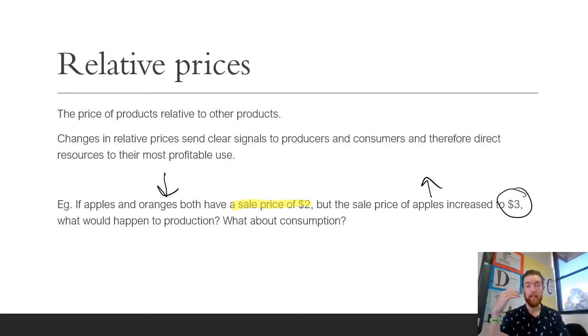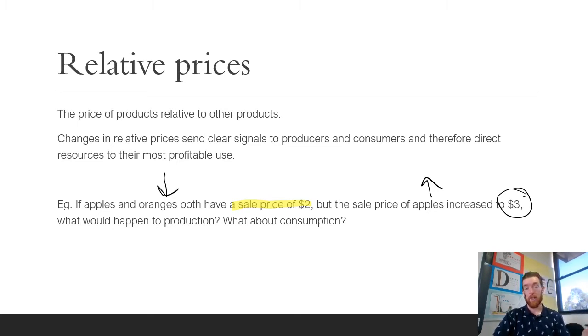So apples are relatively more profitable in comparison to oranges. Therefore, they're going to produce them. So that's relative prices for production. Producers are going to produce whichever product is relatively more profitable for them. There is an assumption in relative prices that the products are in the same quantity, they're just as easy to produce, all those kinds of things, they're relatively interchangeable.